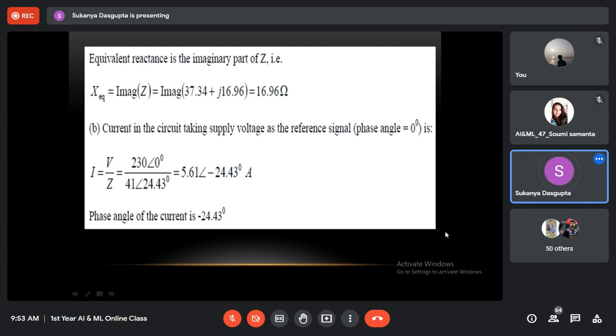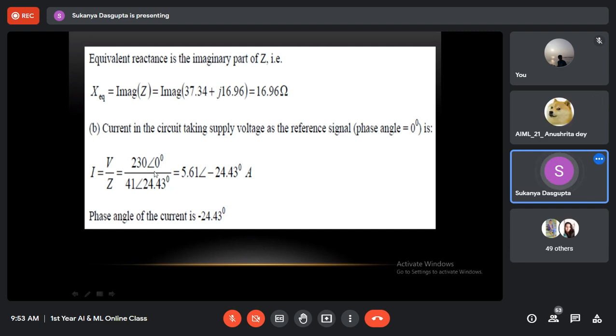So here, how do you calculate the magnitude of the current value? You will consider only the magnitude part: 230 by 41 is 5.61, and the angle will be calculated as 0 minus 24.43 degree. Angle theta 1 divided by angle theta 2 can be simplified as angle theta 1 minus theta 2.